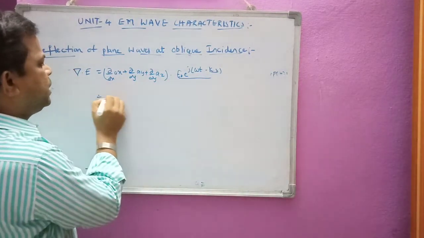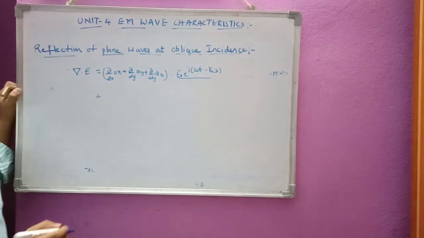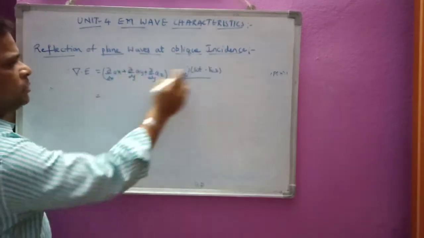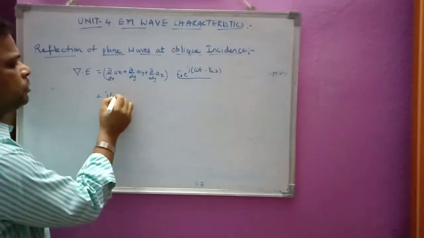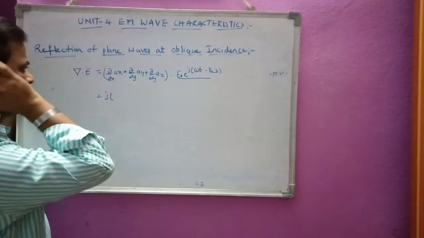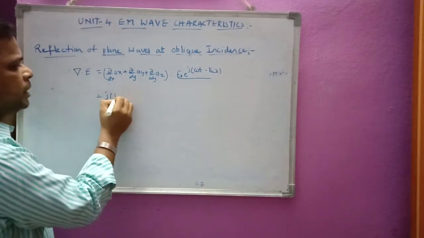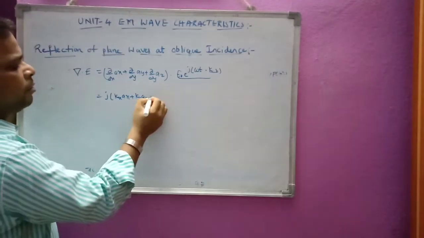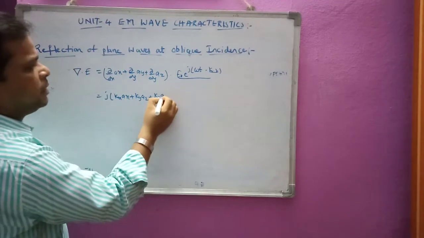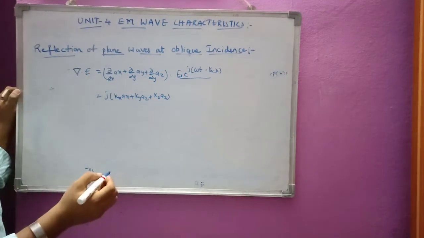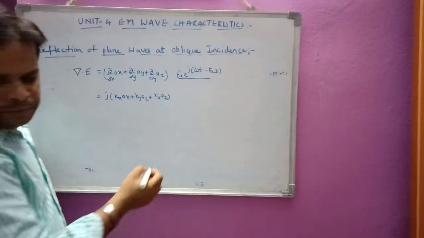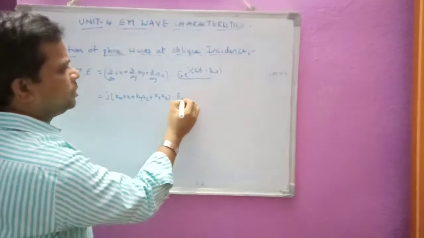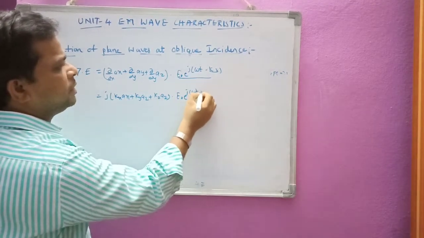After differentiating this with respect to x and y, I can write here as j into, again we will get the same differentiation, that is kx ax plus ky ay plus kz az, dot E naught into e power j omega t minus k dot r.